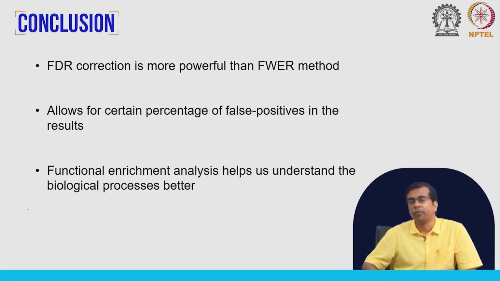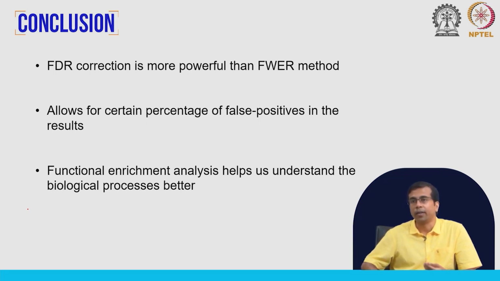Then we moved on to the interpretation of DGE analysis results, and one of the first steps in this process is functional enrichment analysis. We want to understand the functions of the genes that are differentially expressed. So, we want to associate these genes to certain molecular pathways, and we want to see whether certain pathways or processes are upregulated or downregulated.